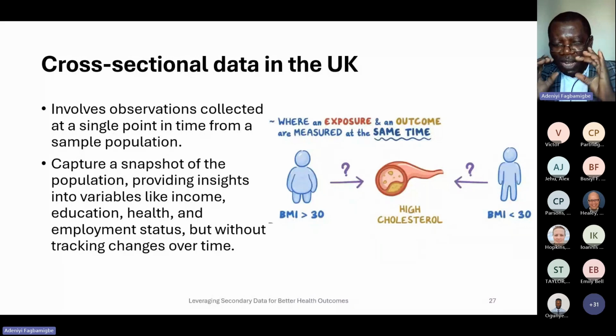It's only what you get at that point that you capture, and it provides a snapshot of the population, giving us insights into characteristics such as their income, education, health, health exposures and health outcomes, and employment status, but we don't track changes over time. It has its own limitations, but it is also very rich.